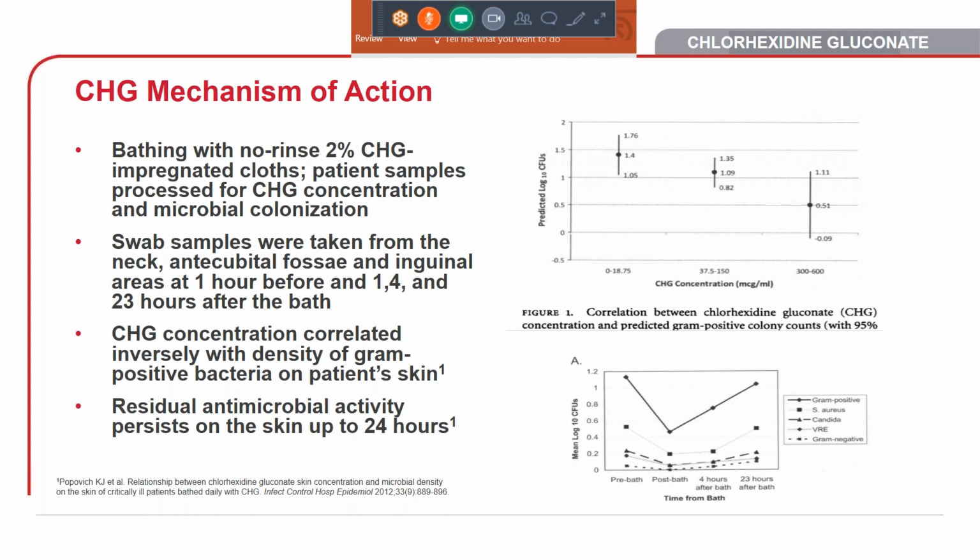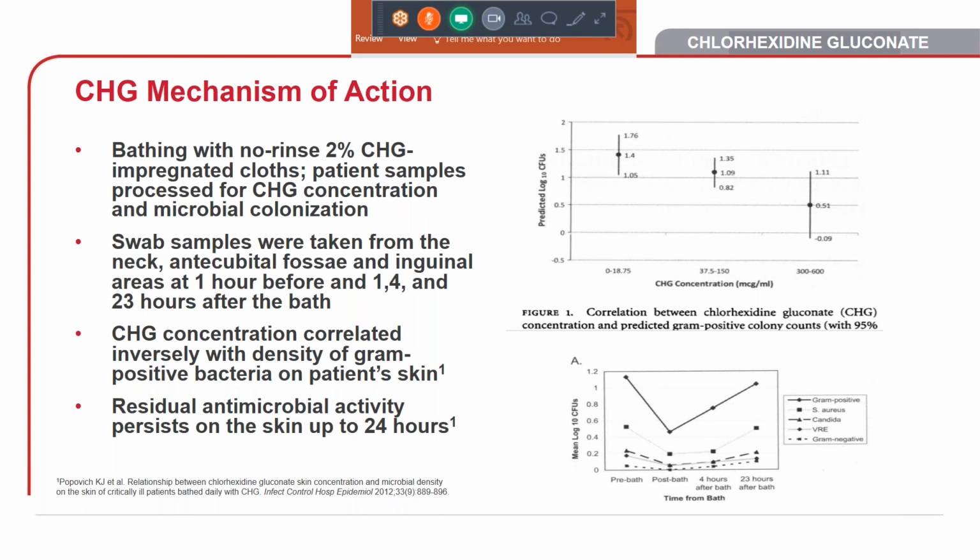And as you see an increase in concentration, you also see a decrease in the microbial density.